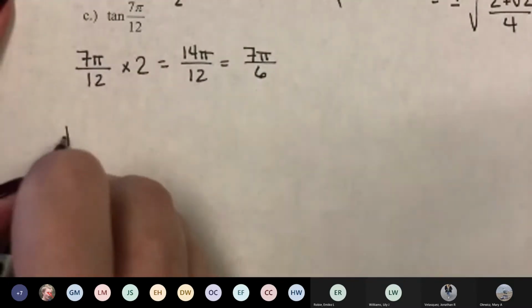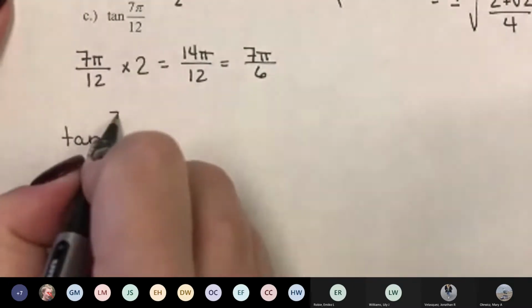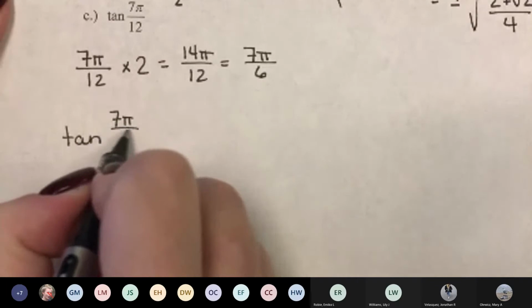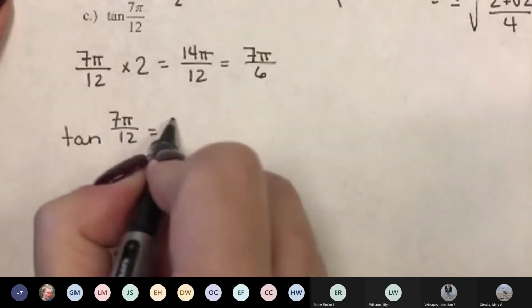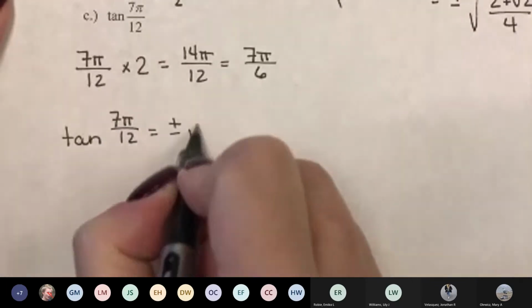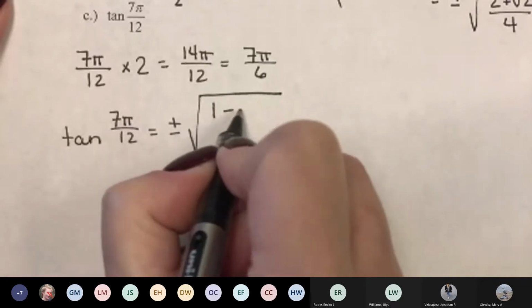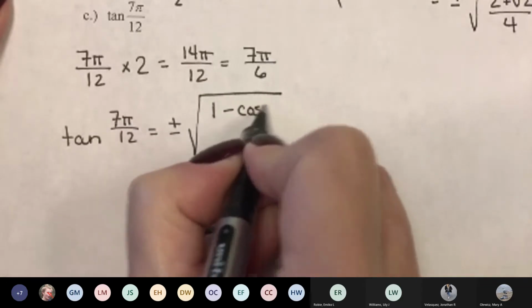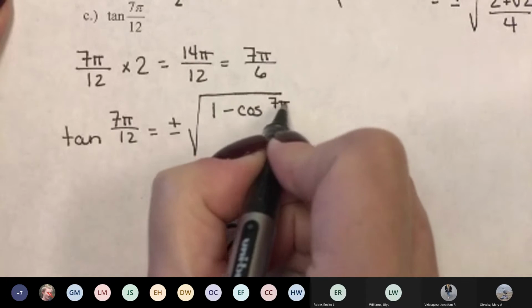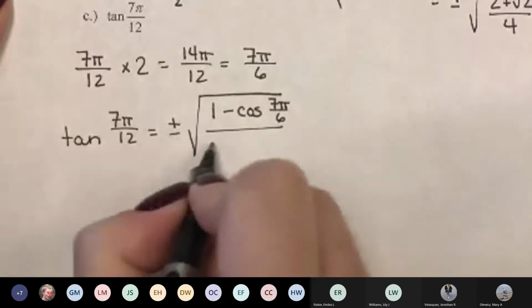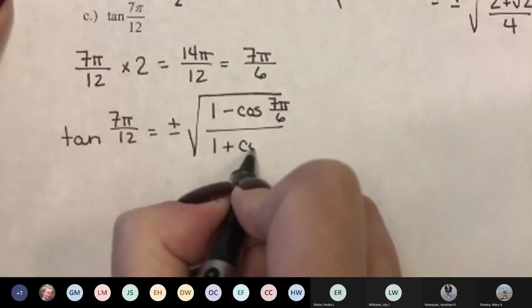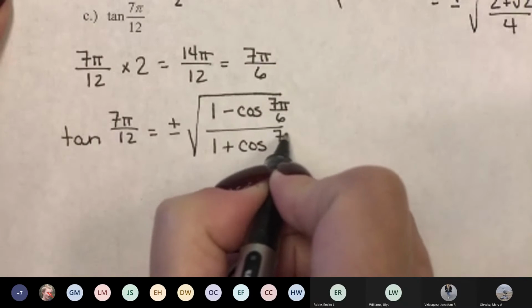Okay, we're going to do tangent of the half angle equals plus or minus, nice big radical here, 1 minus cosine of the full angle over 1 plus cosine of the full angle.